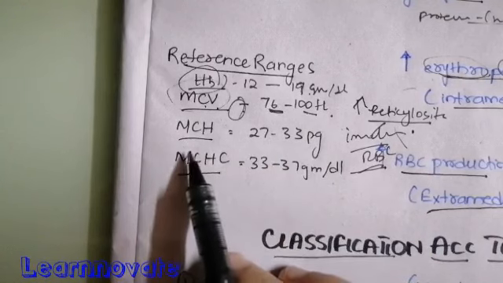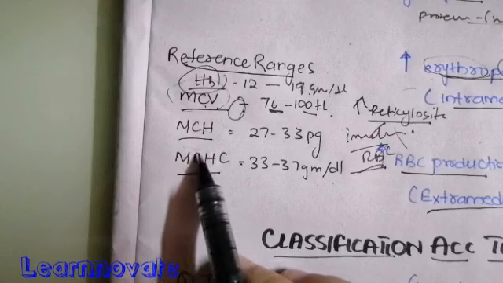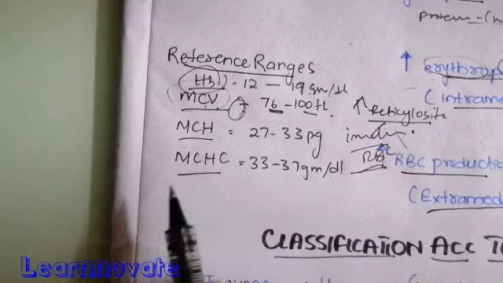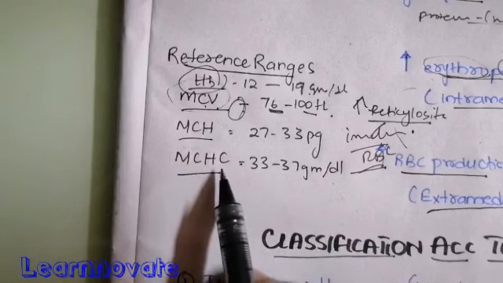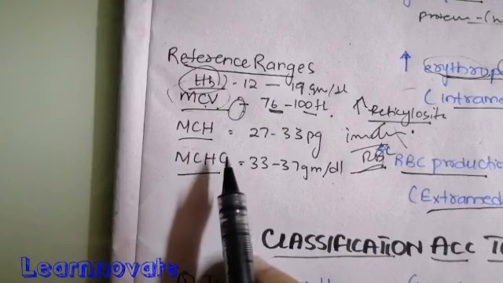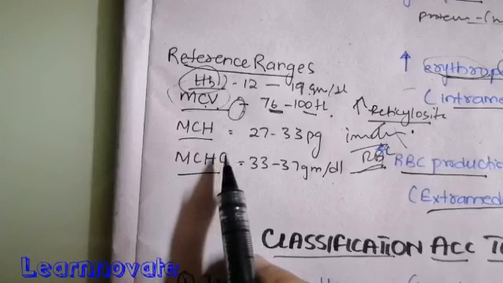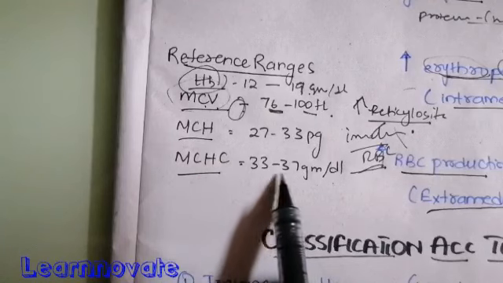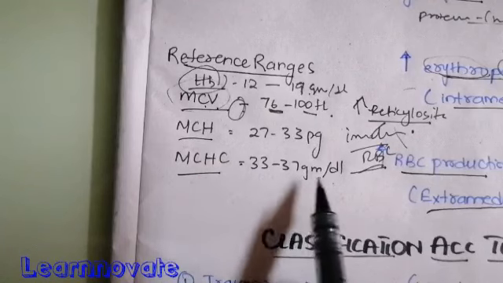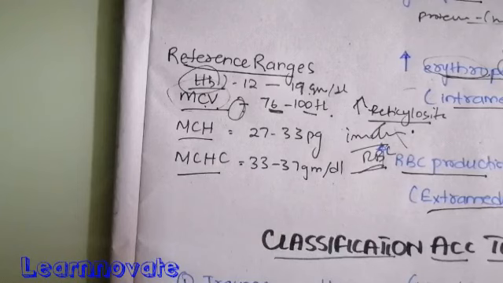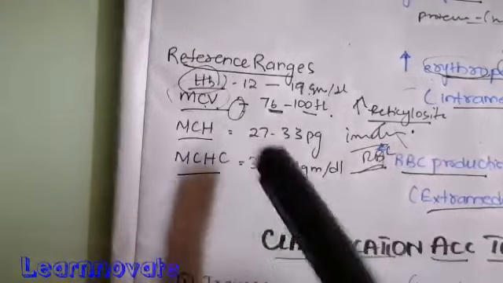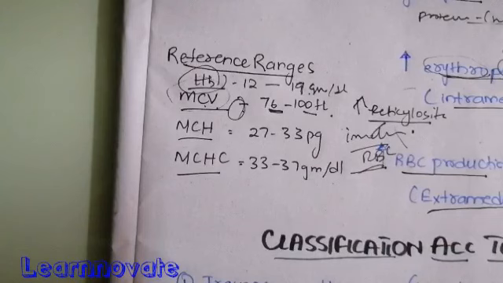If it is decreased, it is hypochromic, and if it is increased, it is hyperchromic. Then MCHC is the mean corpuscular hemoglobin concentration of a single RBC in a given volume of packed RBC. It is expressed in gram per deciliter, about 33 to 37 gram per dl, which is a normal value. So these are some reference ranges that you have to remember and learn by heart, as they are diagnostic features for any type of anemia.